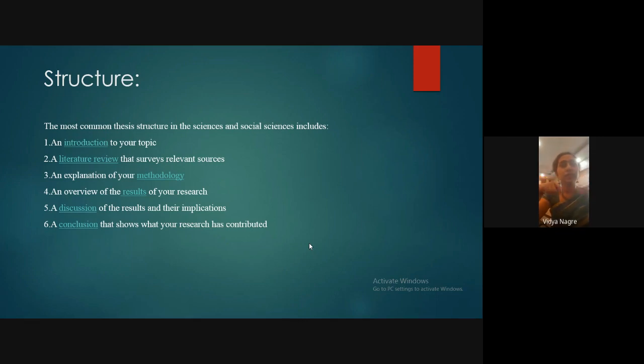When you analyze, at the same time try to write down what kind of results you are finding. Under the result section you can discuss what kind of analysis you have done. Under discussion also, what is the result, what are their implications, what are the things you have observed.